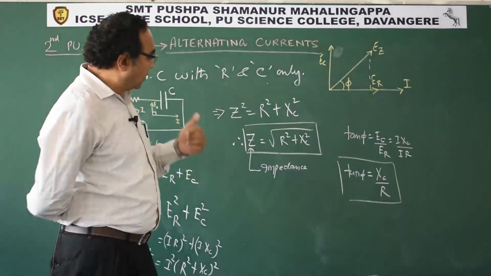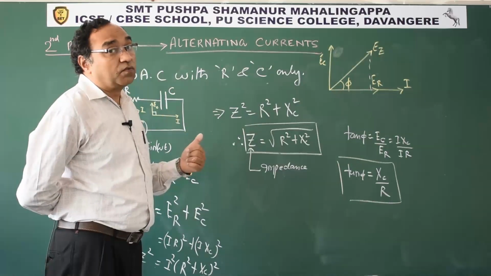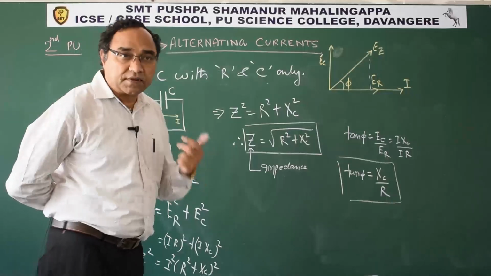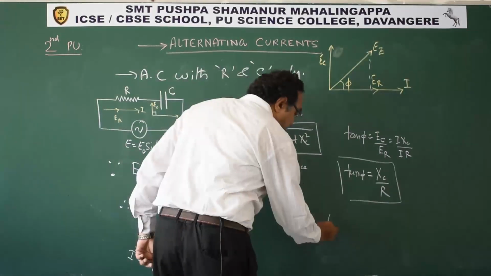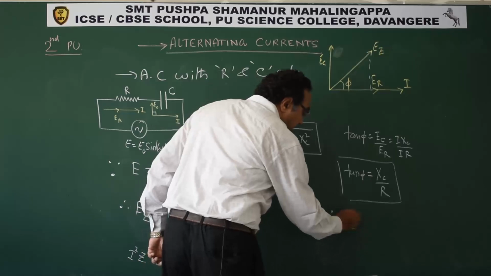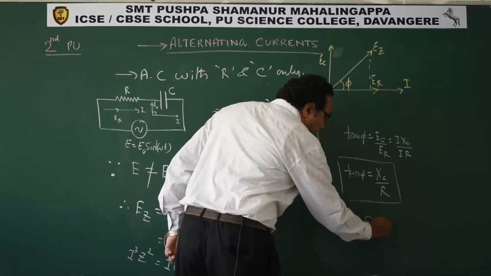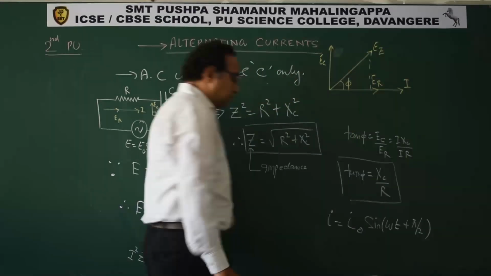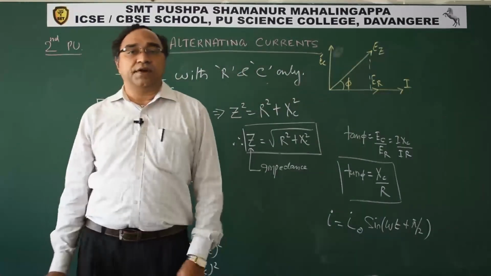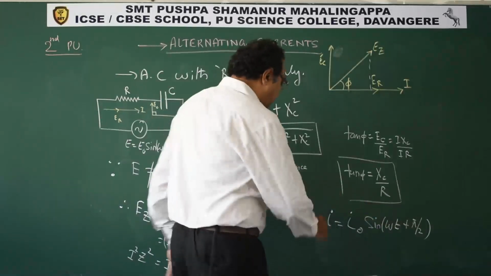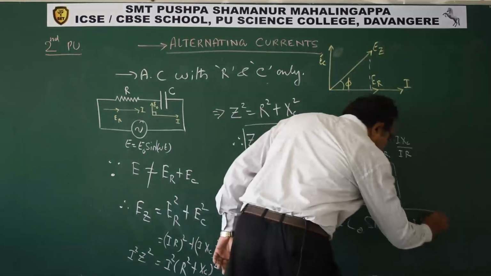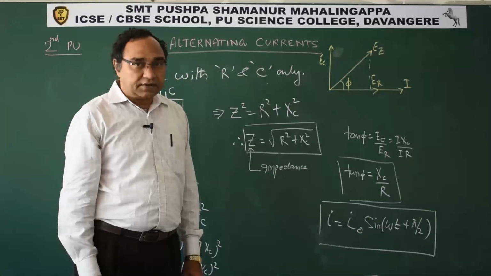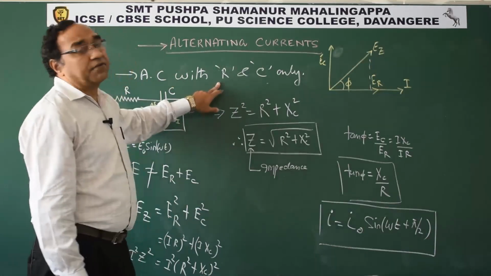In a capacitive circuit, where the capacitor is placed in combination with some other component, the expression for current I will be I naught sine of omega t plus pi by 2. This is the expression for current in an RC circuit.